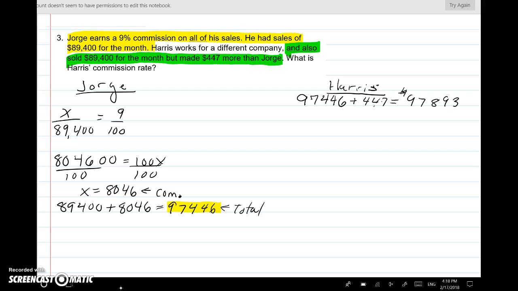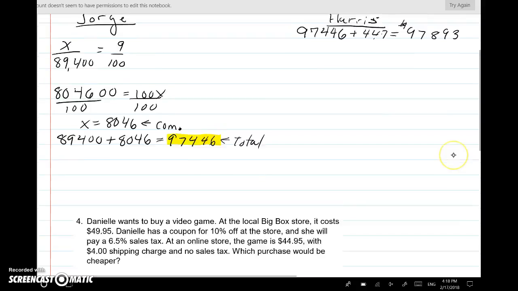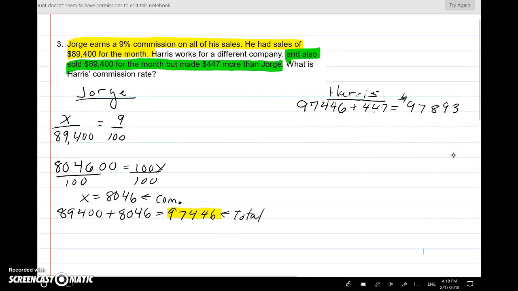Now, we know that for the month, his sales were also $89,400. So if we take his final paycheck, which is $97,893, and subtract that $89,400, that's going to give us what his commission was.